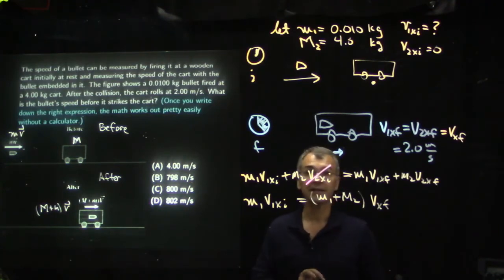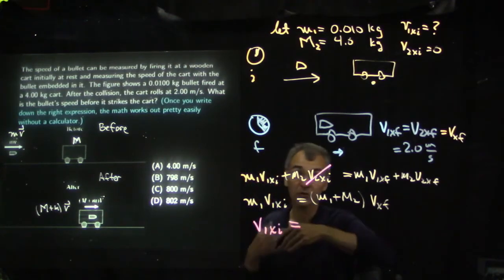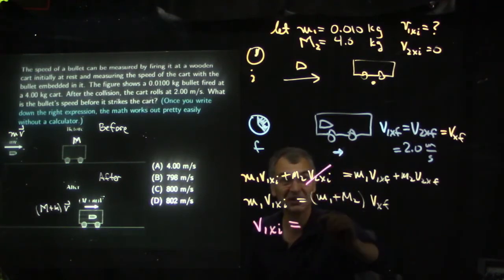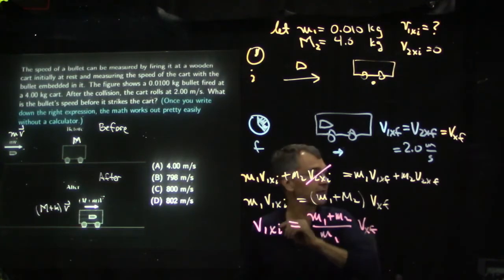So that gives us v1x initial, the initial x component of the velocity of the bullet, is m1 plus m2 over m1 times vx final.